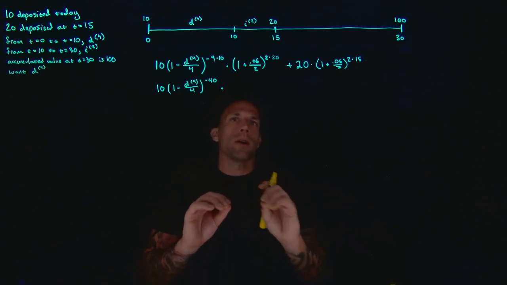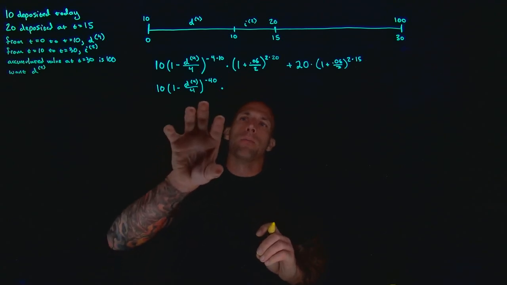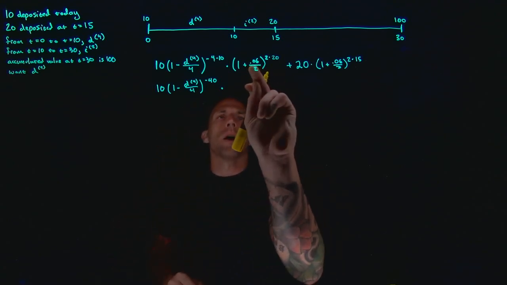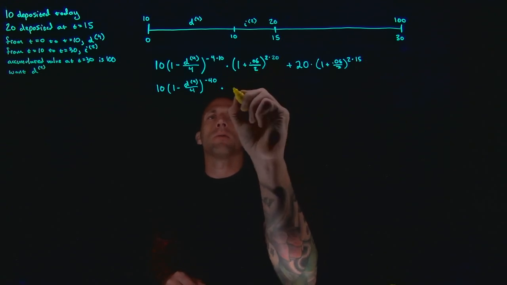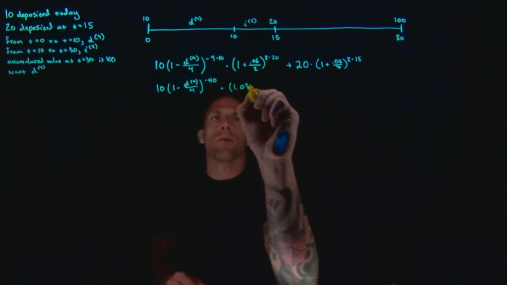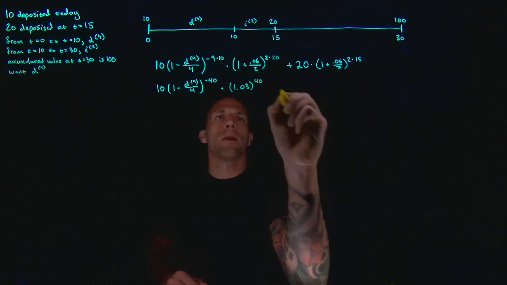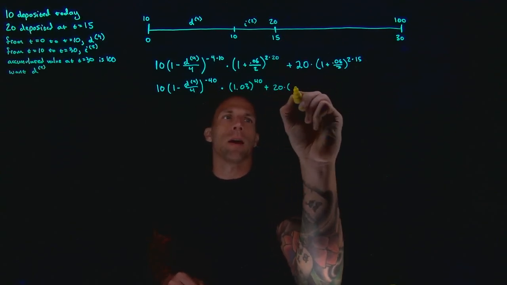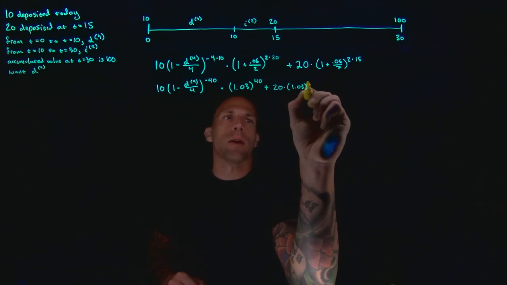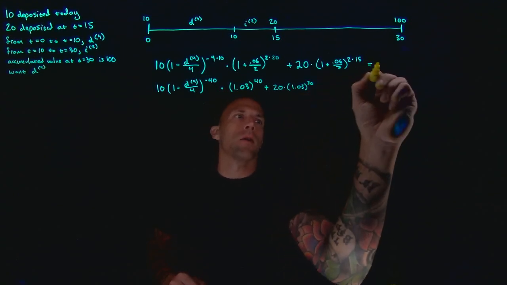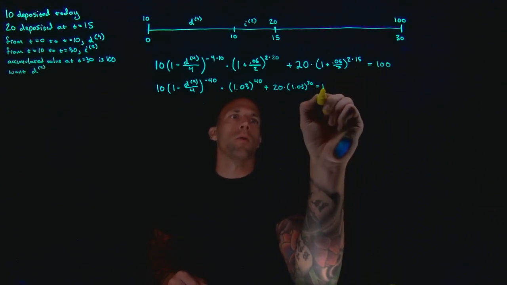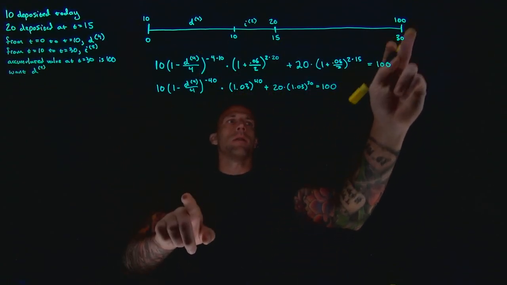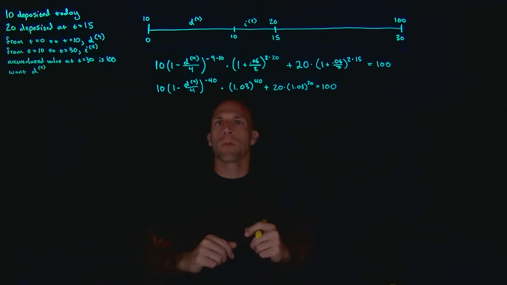Once you're confident you've got the correct equation, the math is usually pretty easy. It's usually just algebra. So 0.06 divided by 2, this is really just going to be 1.03 raised to the 40. And this here will be 20 times 1.03 raised to the 30. And all of this is equal to 100. We accumulate over the time period to get that total value.